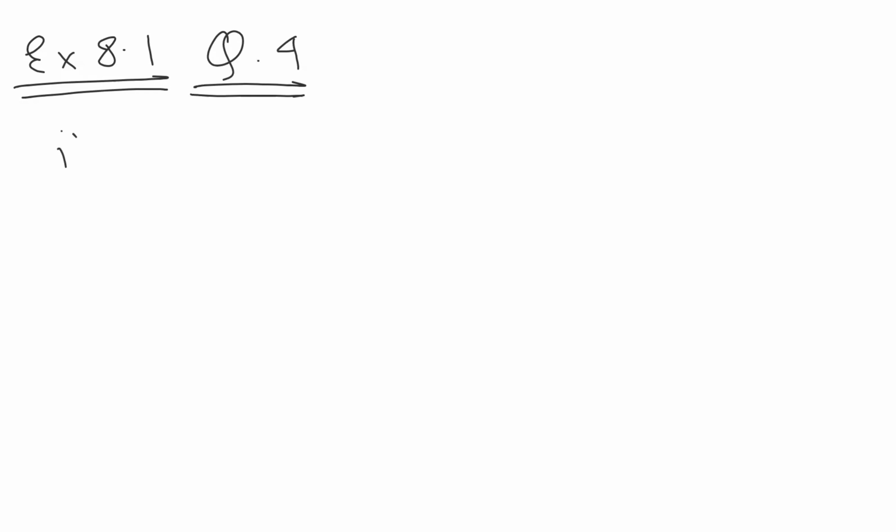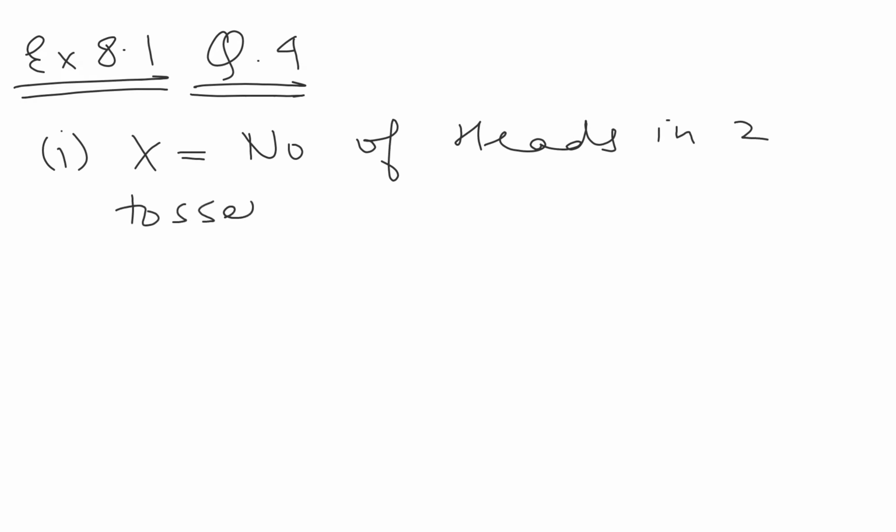So first part, X is what? Number of heads in 2 tosses of a coin, right? So for 2 tosses of a coin, I'll just write down the sample space.